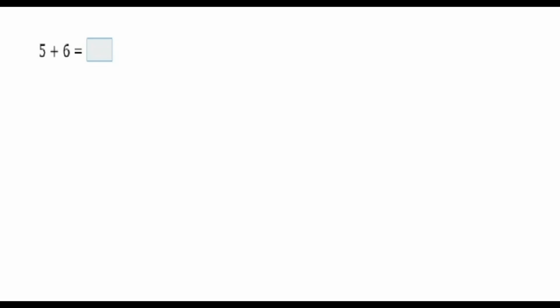In this video, we're going to learn how to add with doubles. So if we have a problem like this one, and it says 5 plus 6 equals blank, then we can remember, or we could rewrite it in the following way.